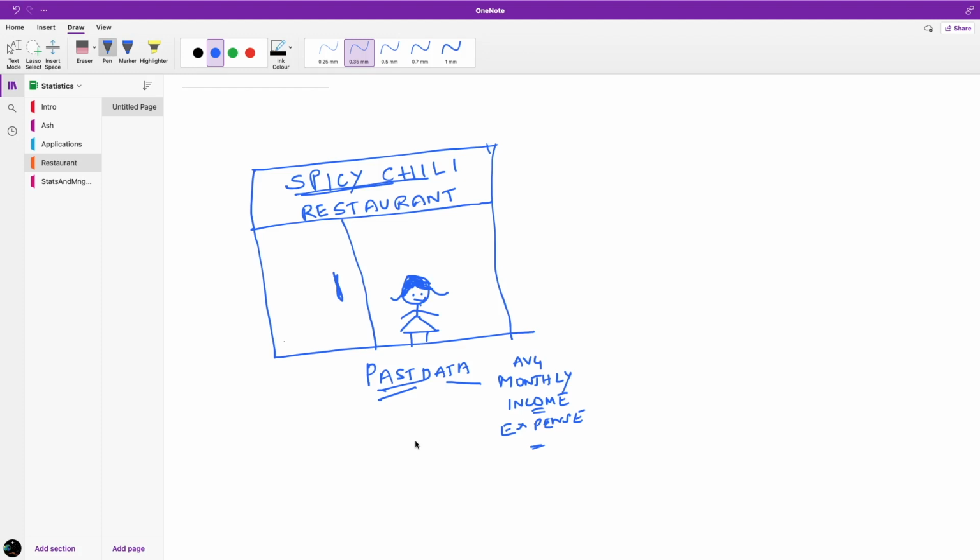This is called budgeting and forecasting. With the help of past data, Ash is able to make better budgets, and she is able to forecast her incomes and expenses. So this is how statistics is helping her financially to run her business.